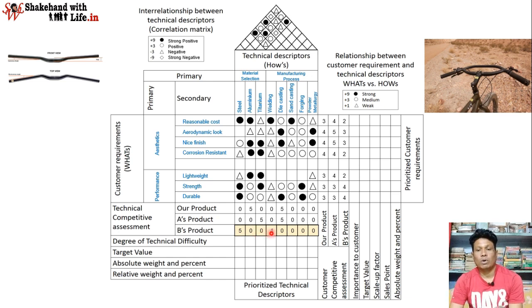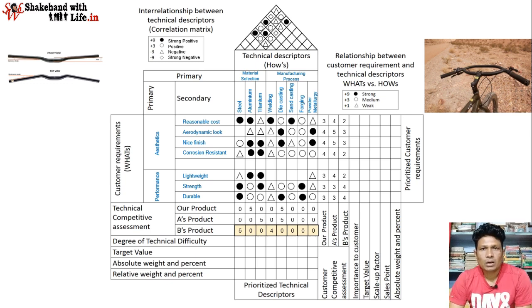And if we talk about the manufacturing processes, then B's product has a rating of 4 only for the welding process, and for the rest of the processes it has a rating of 0. So this way we can assign the ratings to our product and our competitor's product.